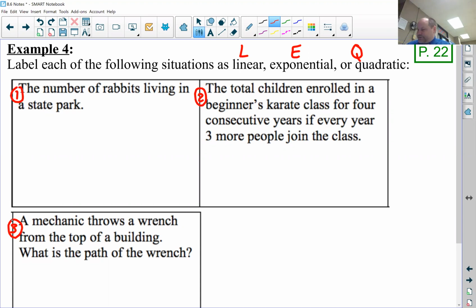All right, getting some answers in. This is excellent. So population, we said most often is going to be exponential.